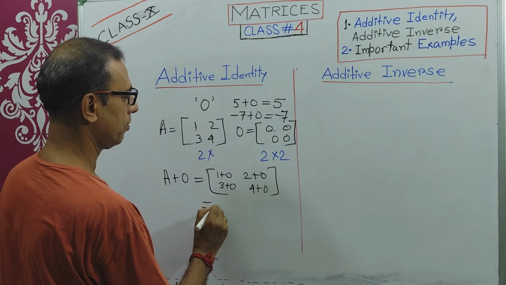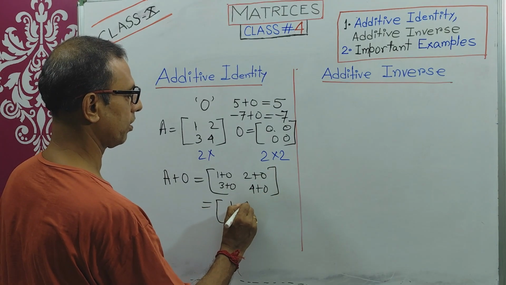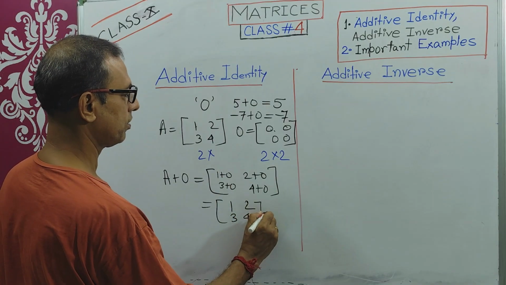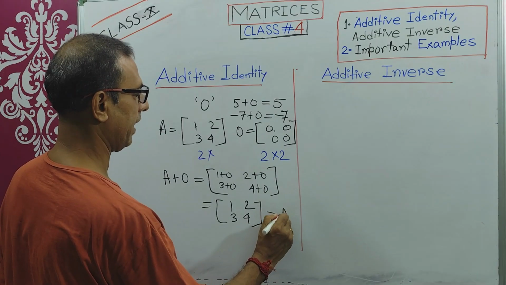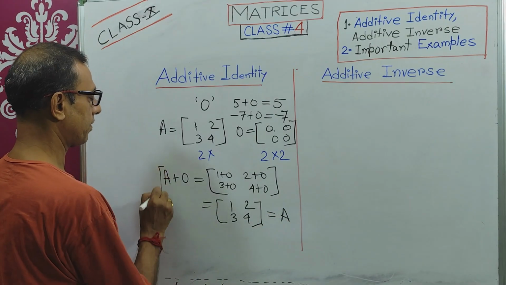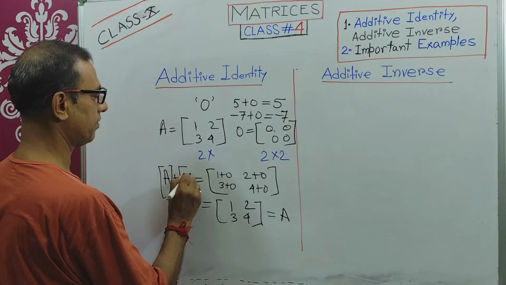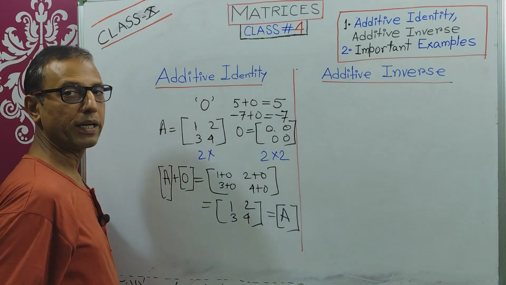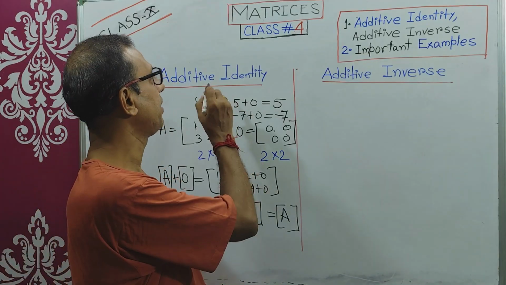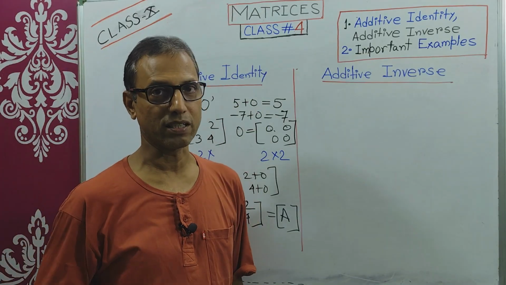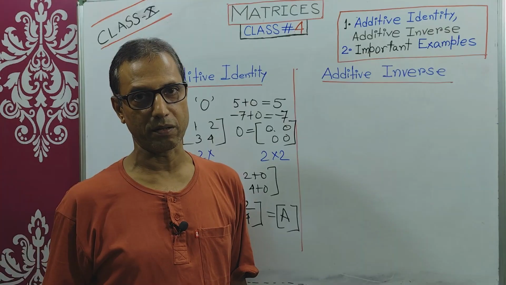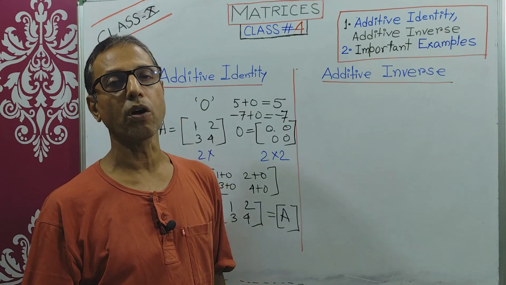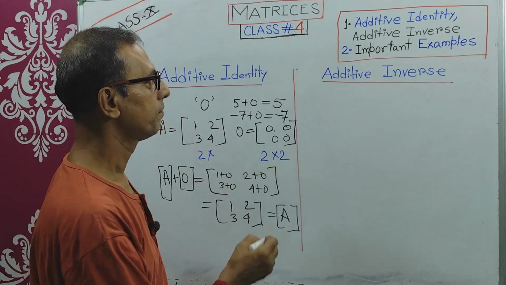Altogether the matrix is again 1, 2, 3, 4, which equals matrix A. That means matrix A plus the null matrix equals matrix A. So that is why the null matrix is the additive identity in the matrix system, whereas 0 is the additive identity for rational numbers.